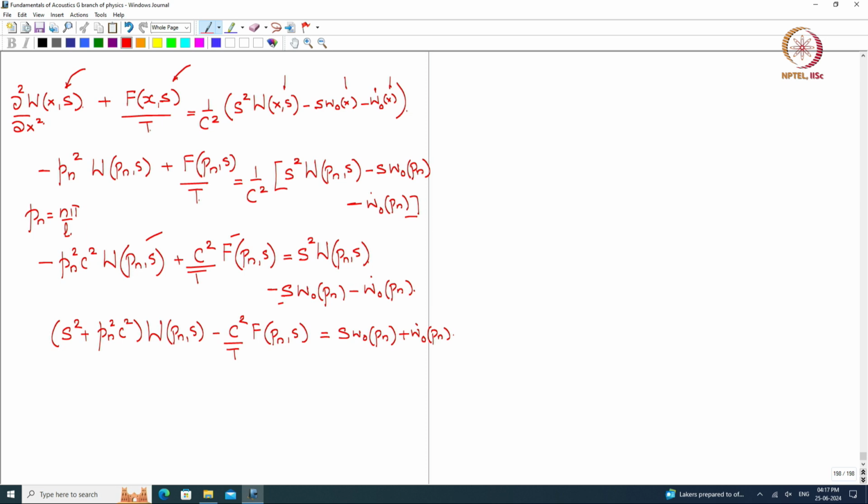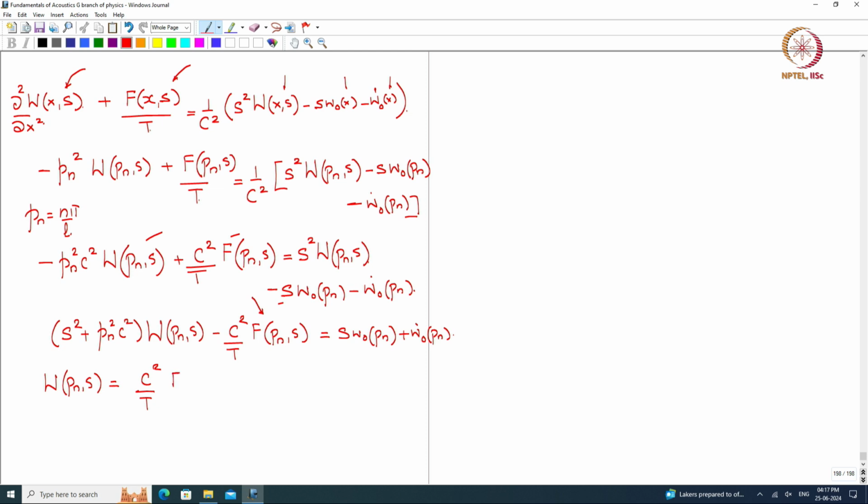So now what happens? Now we have w p n comma s is equal to c square by t, and then I said I am going to assume that this is separable.